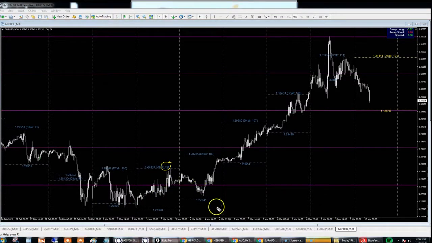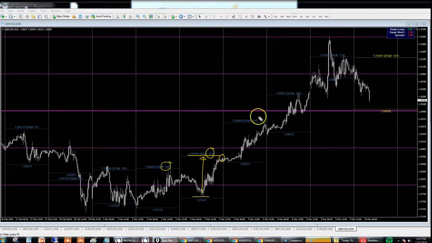Okay, now the next day, notice that the price went up and fell short by 1 or 2 pips. So from the bottom to the top, it went up for about 105 or 106 from the expected 109 pips.